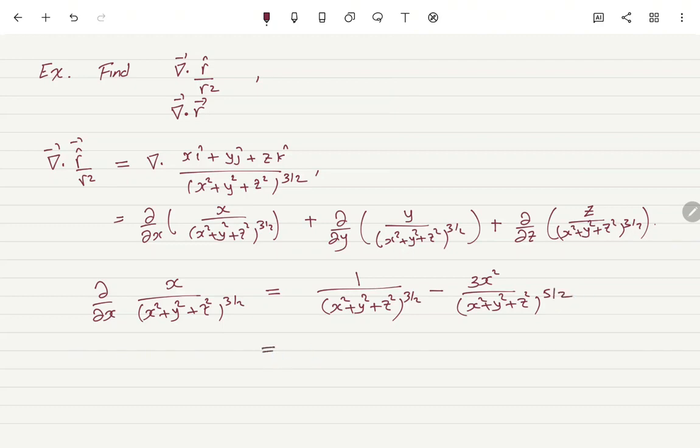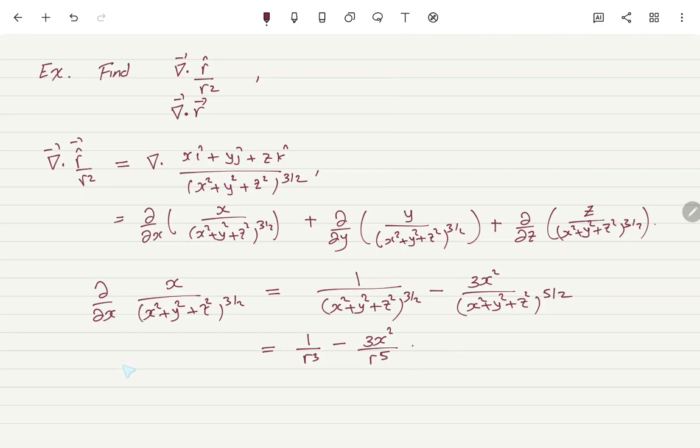Upon simplifying, remember x² + y² + z² is actually equal to r², so this is equal to 1 over r³ minus 3x² divided by r⁵.